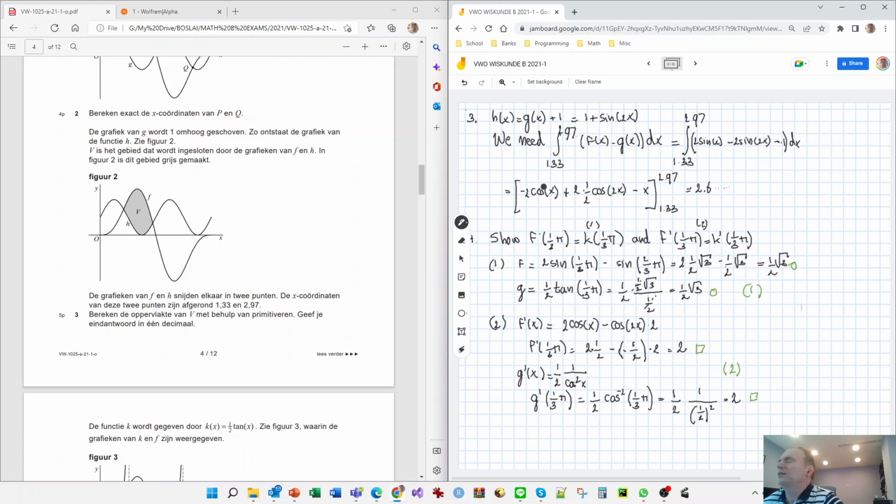And then did I say this correct? Just double check the derivative again. A derivative of a cosine is a minus sine. The cosine goes down initially. That is the way I remember that. So take the derivative of this, then you get minus sine x times minus 2 is 2 sine x. And for this, you have a factor 1/2. That's coming from the derivative of 2x.